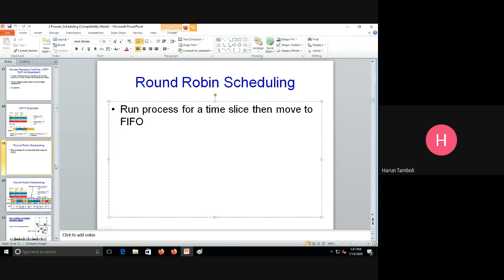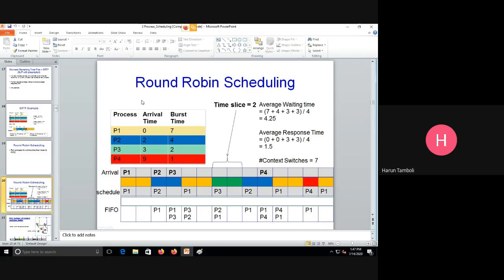That is FCFS basis. Okay, for example, here we have 4 processes P1, P2, P3, and P4, and we are allocating time slice 2. That means 2 seconds, or 2 milliseconds, you can consider any time unit.